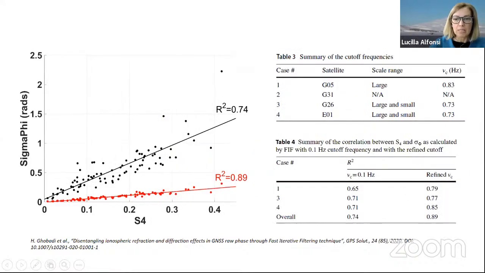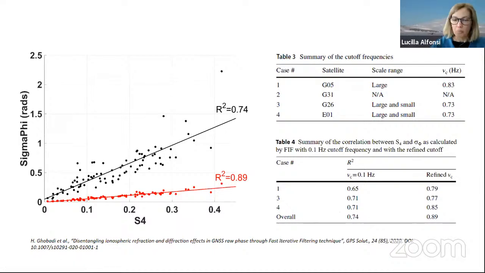If you see from these case studies that we have analyzed, the correlation between sigma phi and S4 is improved if we use the adaptive choice of the cutoff frequency, sorry. Those are the ones that you can see in this table.